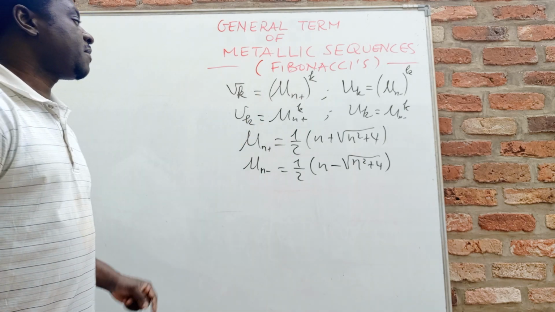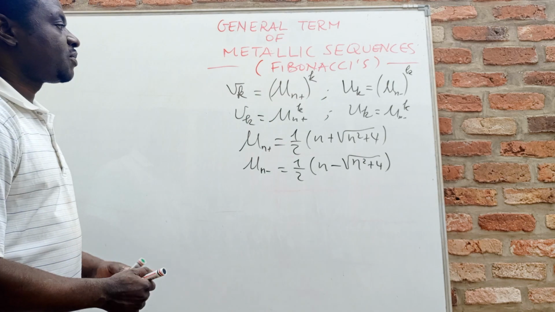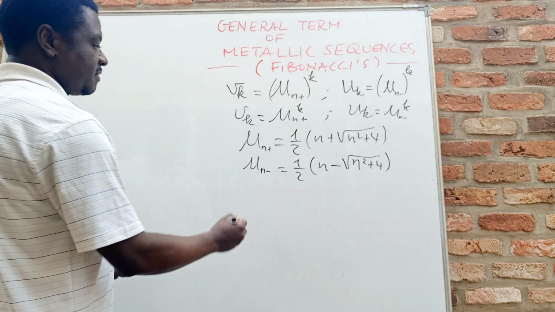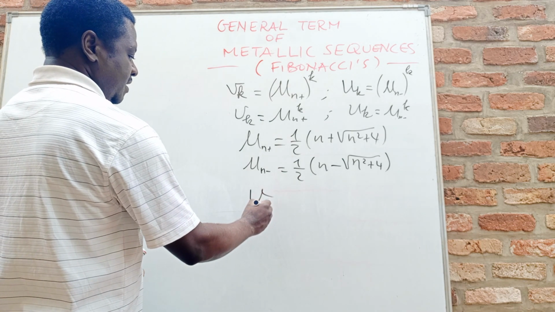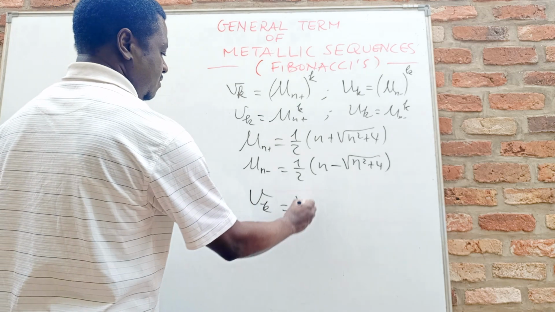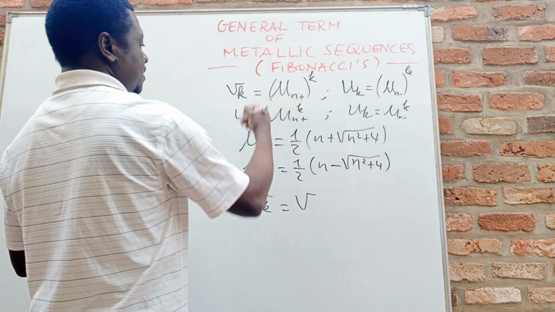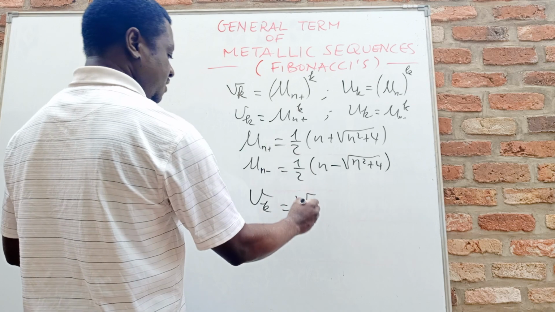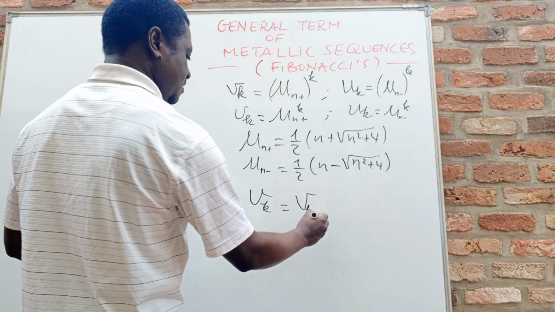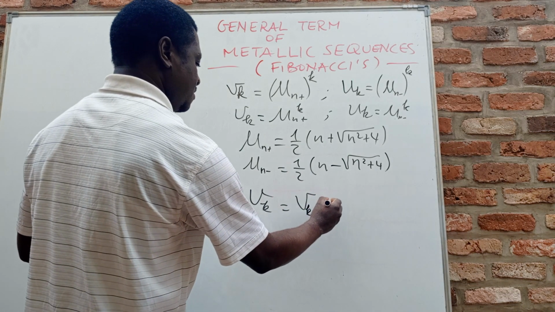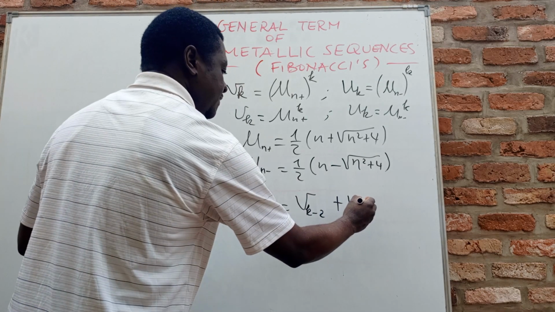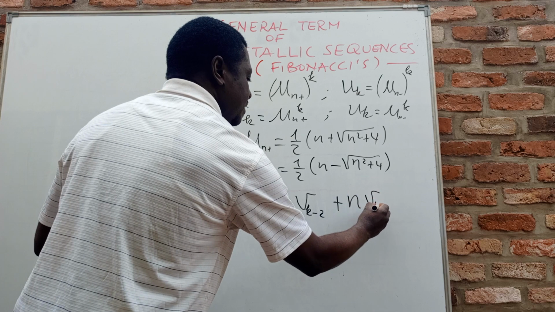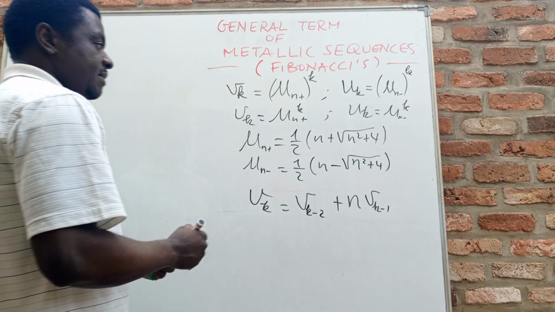Each one of these powers is a geometric sequence which verifies the relation: Vk equals n times Vk minus 1 plus Vk minus 2.